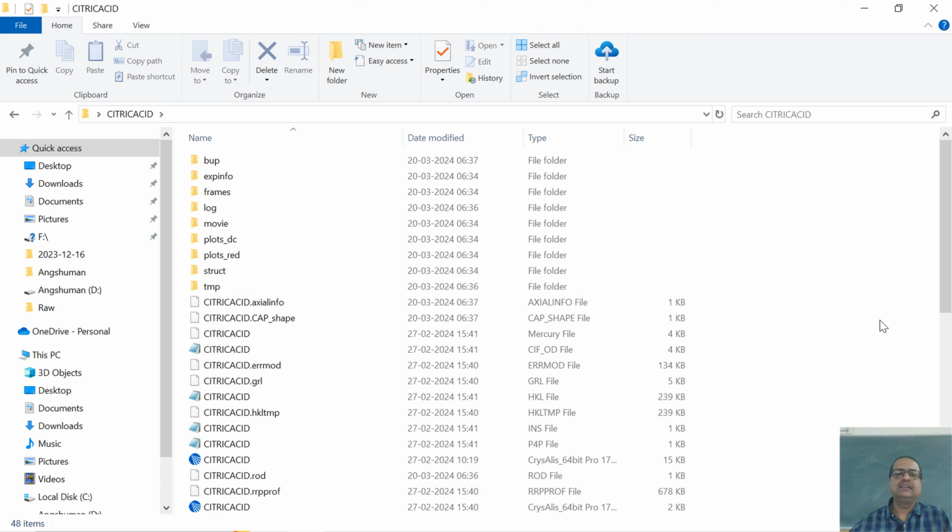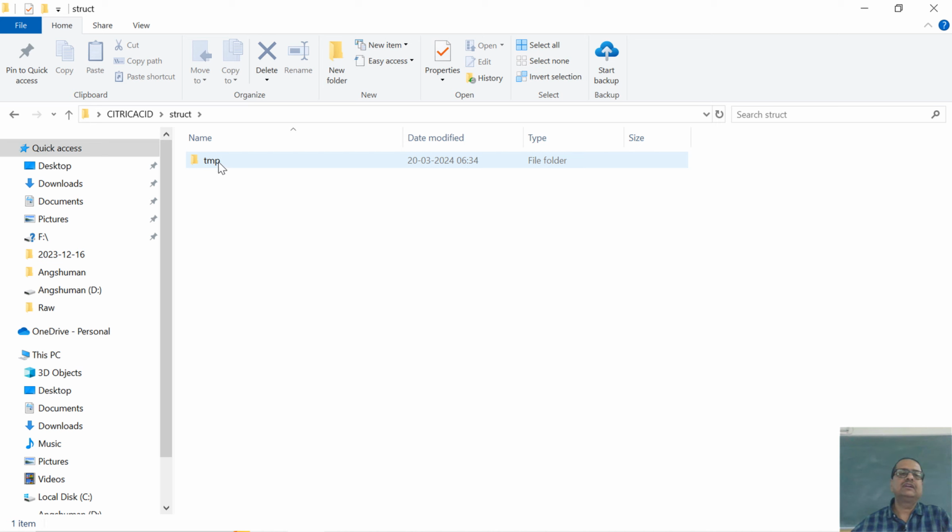As soon as the software starts collecting data, after about 50 frames, it starts reducing the data and generates the reduced data out of it. So as soon as the data is complete, it has by default used its own algorithm to do the data reduction and generated a folder called struct.